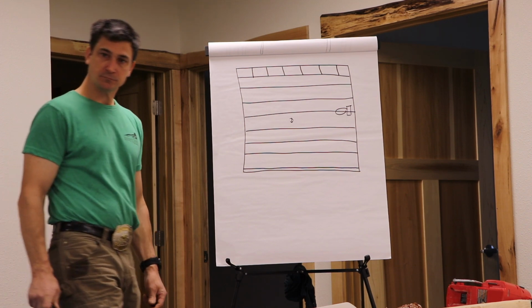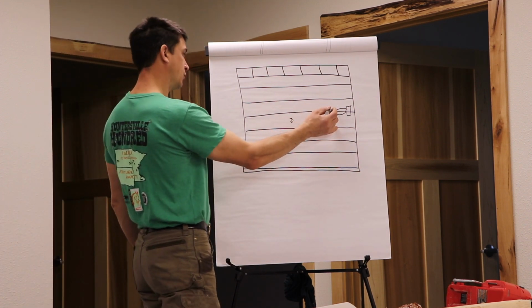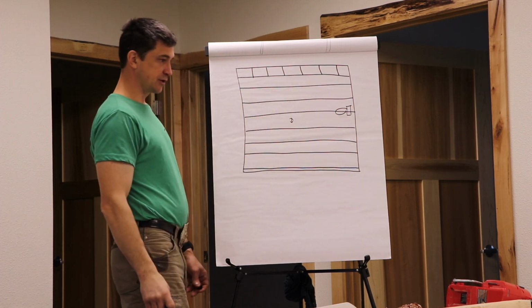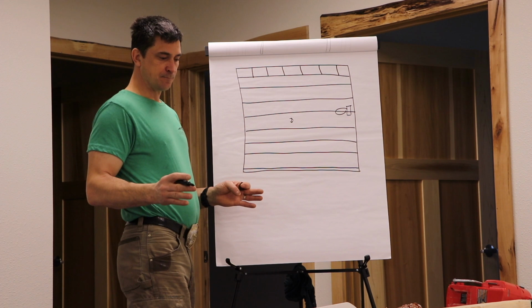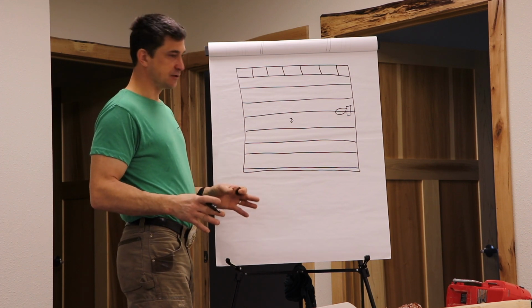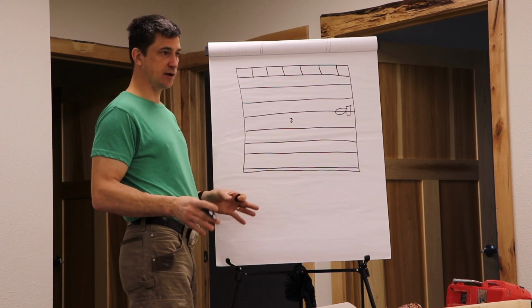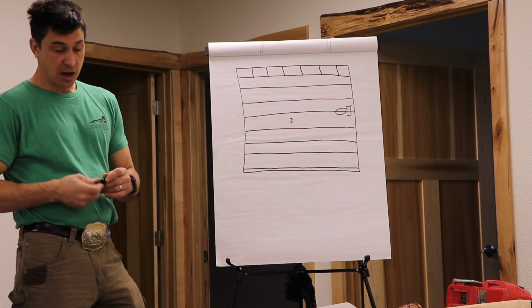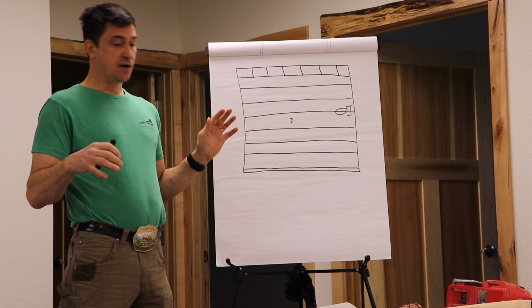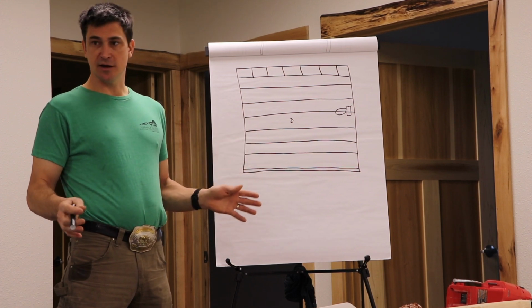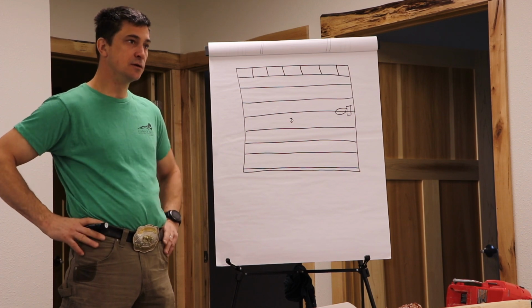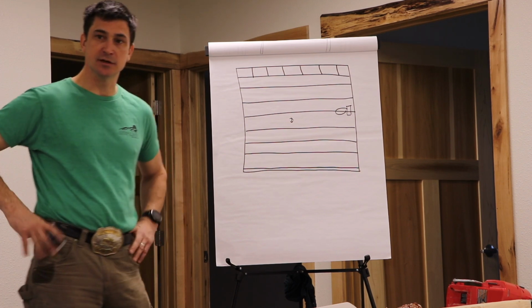Okay? So that's the one thing that you have to look at every single plan. Make sure that you know where that toilet flange is going to go when you're framing that floor. Okay? And I know because I have not done that many, many, many times, and then the plumbers show up, and you're like, oh, I didn't know I had to be a plumber to frame this house.